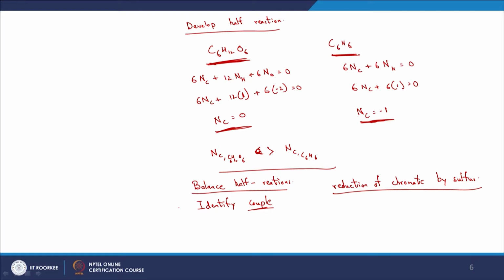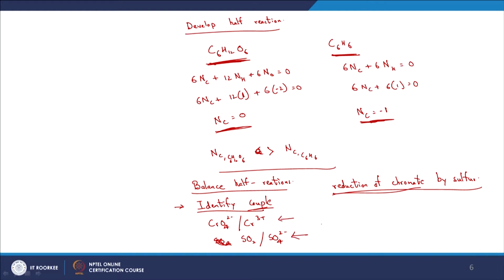So the first aspect is that I need to identify the couple. Here CrO4 2 minus, the more oxidized form, is going to be reduced to Cr3 plus. That's because it's reduction of chromate. And sulfur, SO2, is initially reduced and it's more oxidized later, SO4 2 minus. So these are my couples.